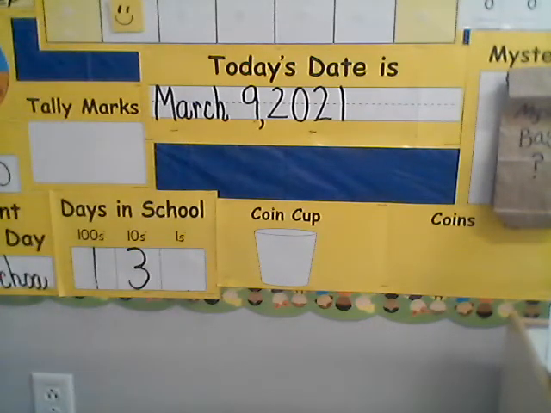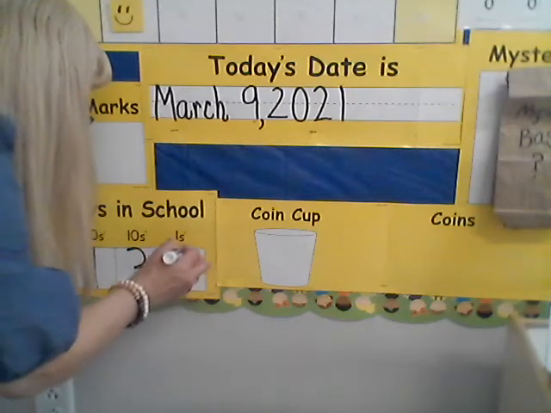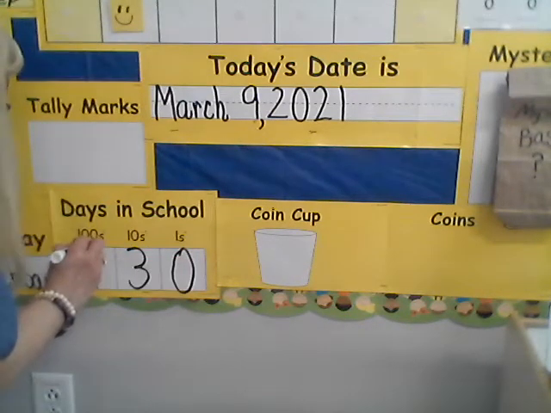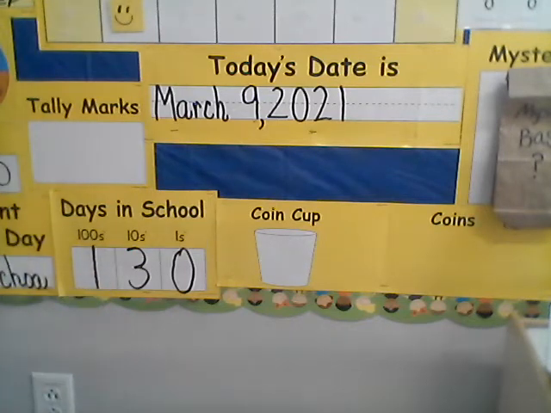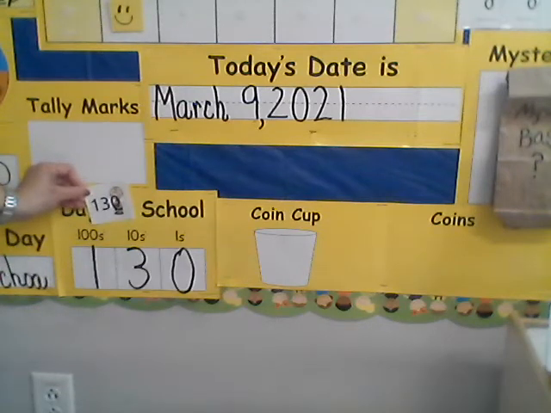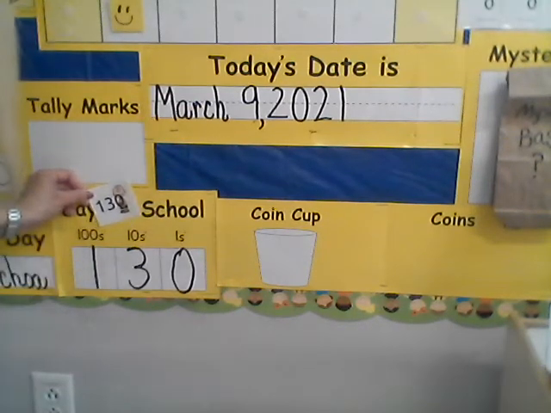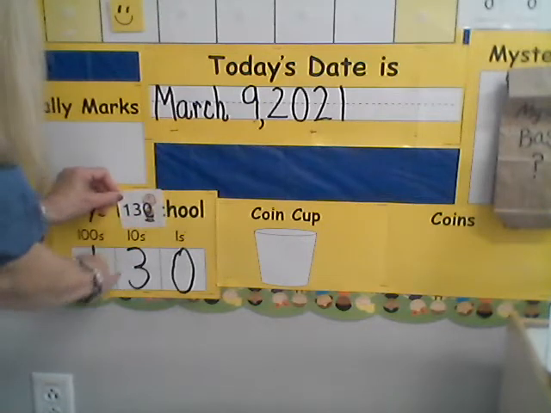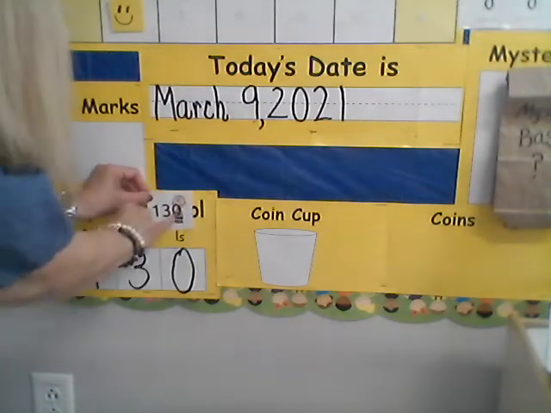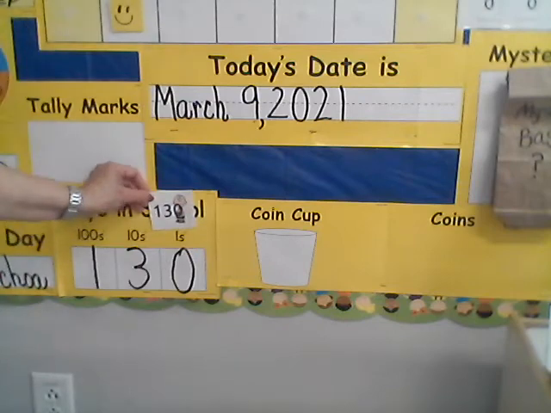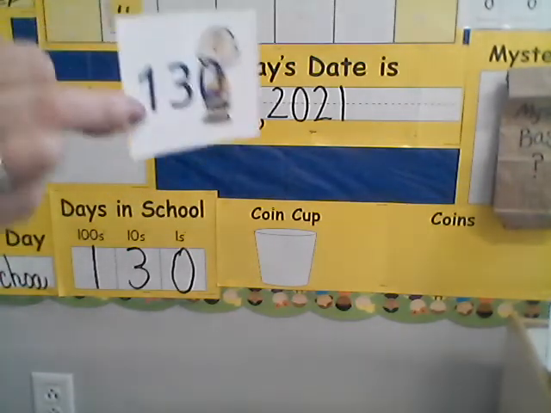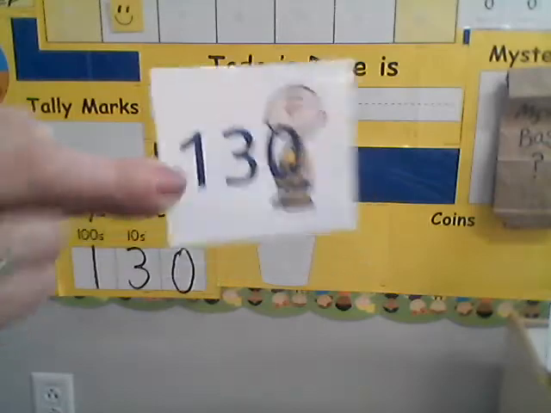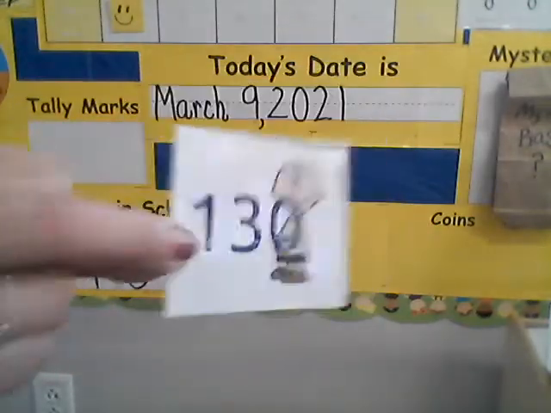And friends, I don't have anything in Mrs. 1's column, so I will write a 0. All right. So now let's compare our days in school tag and see if we match. Do we have one great big bundle of 100s? Do we have 3 Mr. 10s? Do we have 0 Mrs. 1s? So how many days have we been in school? 130.